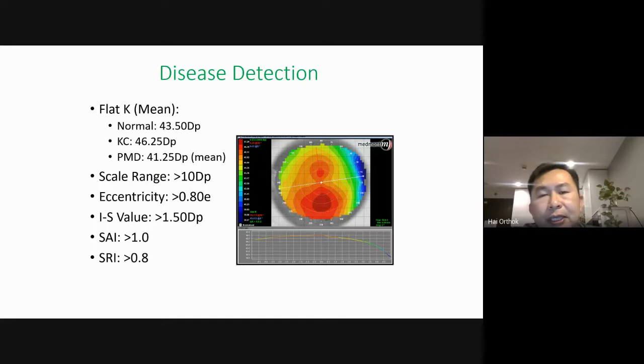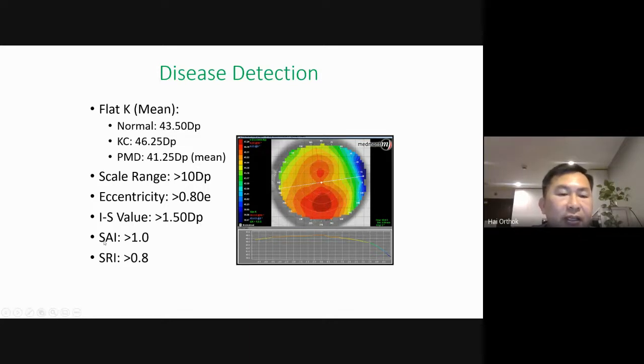If you use the Mersmont topographer, they have other disease indicators, with a scale lens 10 diopter. That means the difference between the steepest and flattest is over 10, eccentricity over 0.8, IS value inferior and superior: the difference between 3 millimeters on the bottom and 3 millimeters superior is 1.3 diopter.